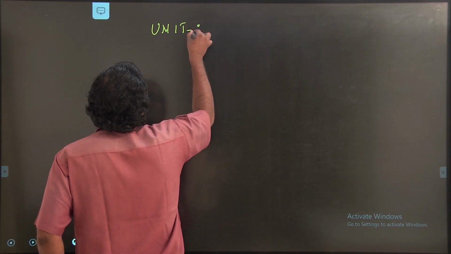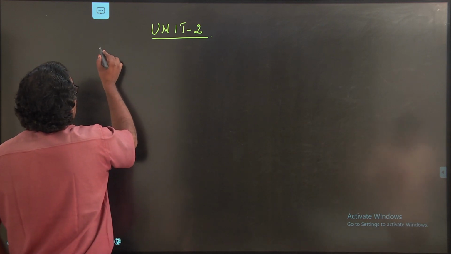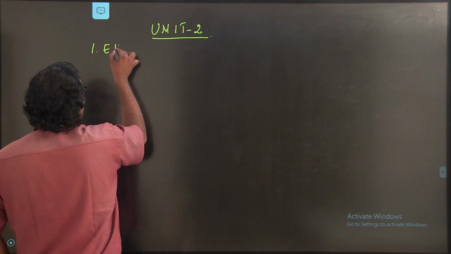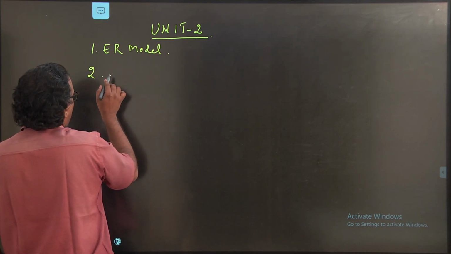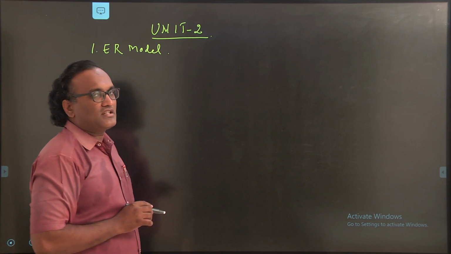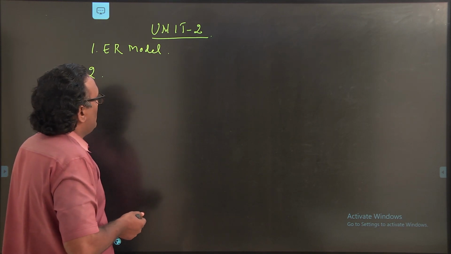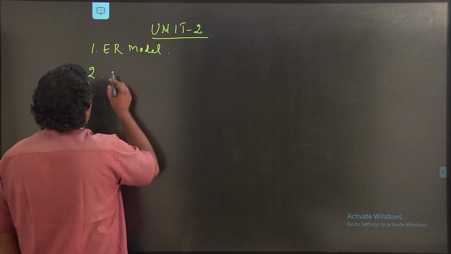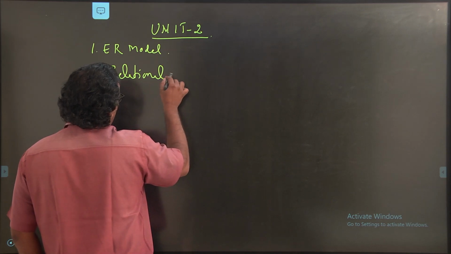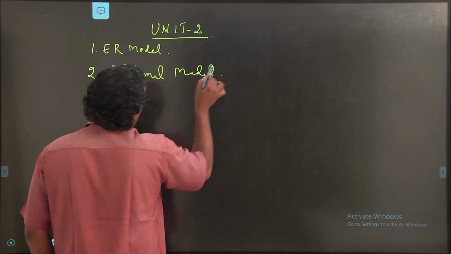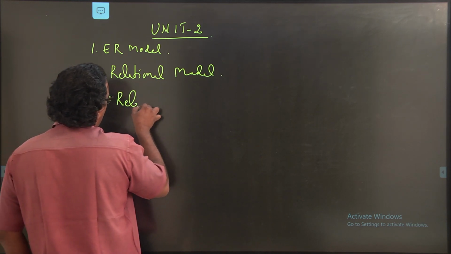The objectives of Unit 2 are that it gives you knowledge about the ER model, the entity relationship model, and the importance of ER diagrams, by learning the concepts of the relational model. We will also study the relational model, and we will also study relational algebra.